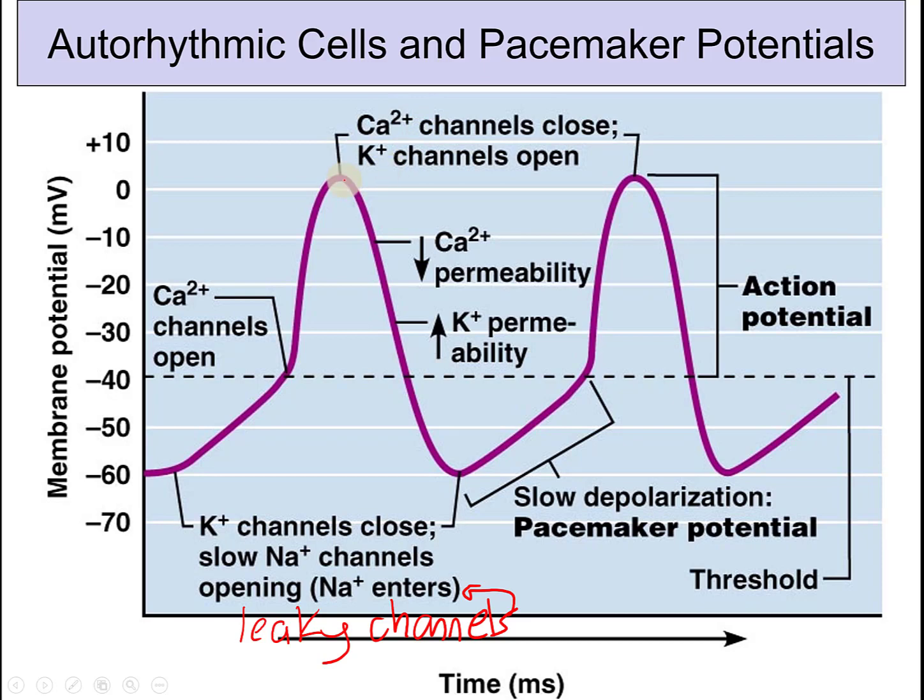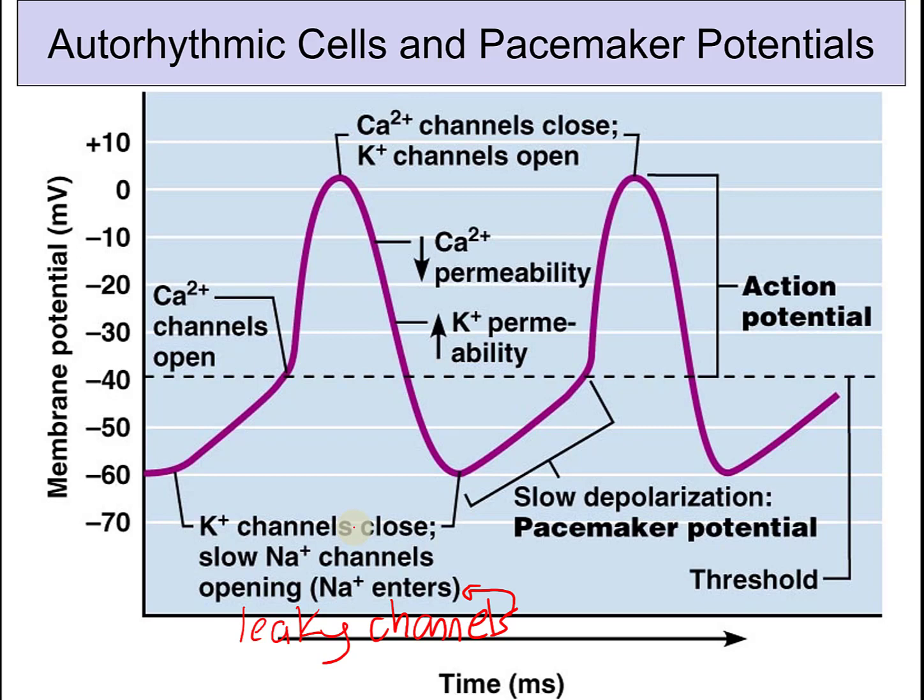Potassium leaves the cell, positive charge leaves the cell, down, down, down, all the way back to where you started, -60. Now, when this happens, this action potential, positive ions are passed on to the neighboring cardiac muscle cells, and that opens the fast sodium channel, and that starts off their action potential. These autorhythmic cells keep depolarizing over and over again, forever, until you die.